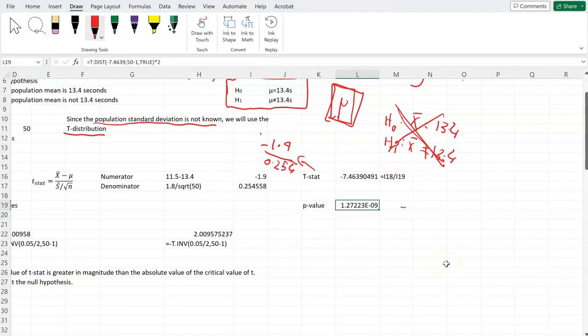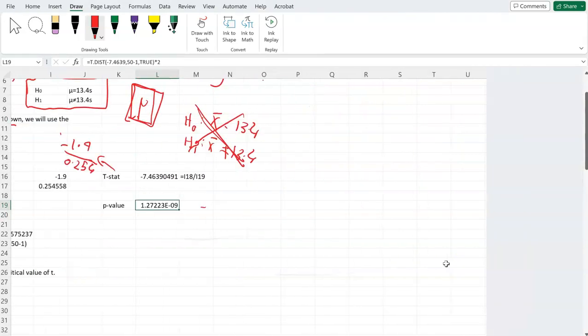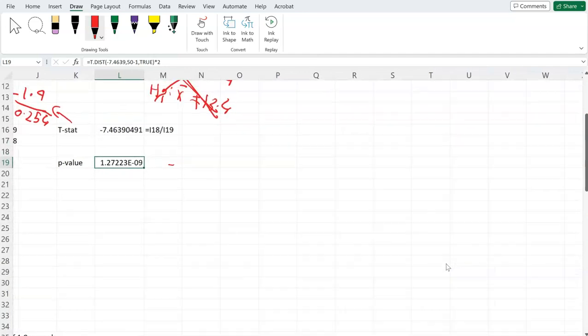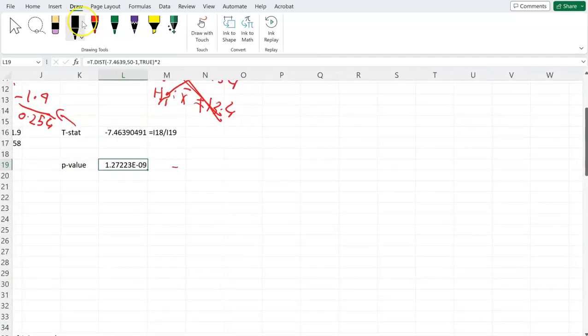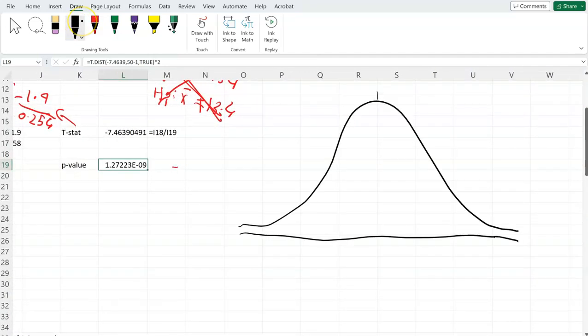Now, what does this number mean? What the p-value is telling us is that, let's say I draw this diagram again, this is the t-distribution we have, and this is the t-value, -2 and +2.